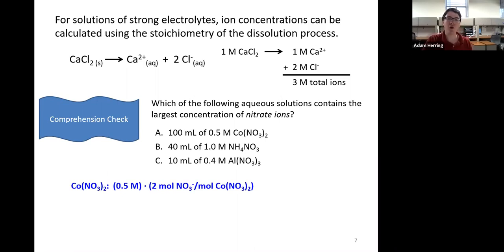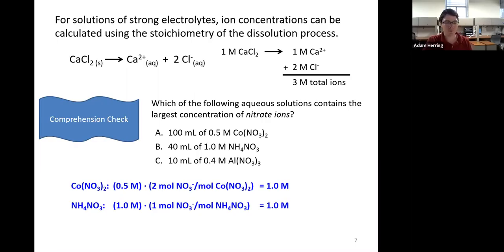That means then our total nitrate concentration is 1 molar. For ammonium nitrate, it starts out at 1 molar, and when it dissociates, we only get 1 nitrate ion per ammonium nitrate. So then our total concentration is 1 molar.